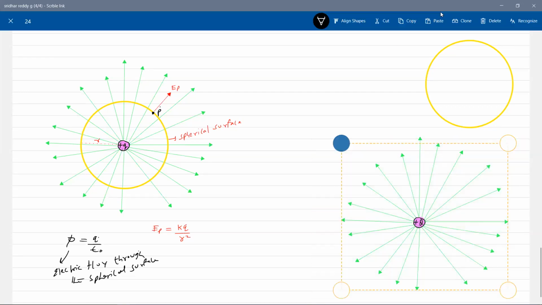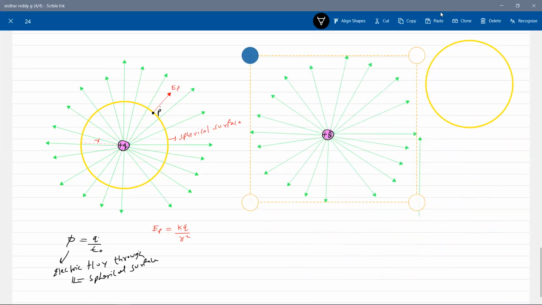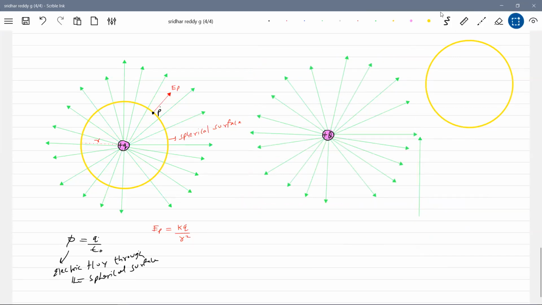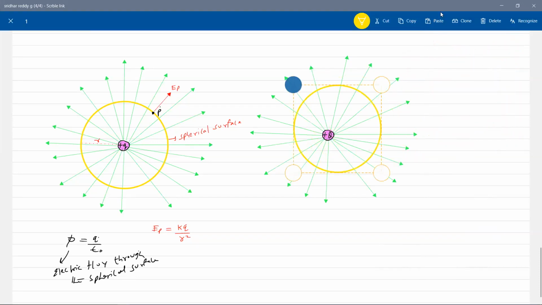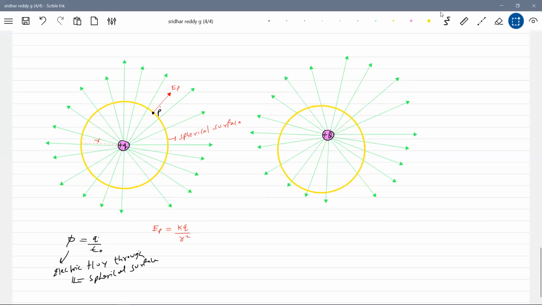Now I have another situation. What I did is, the charge is not at the center.